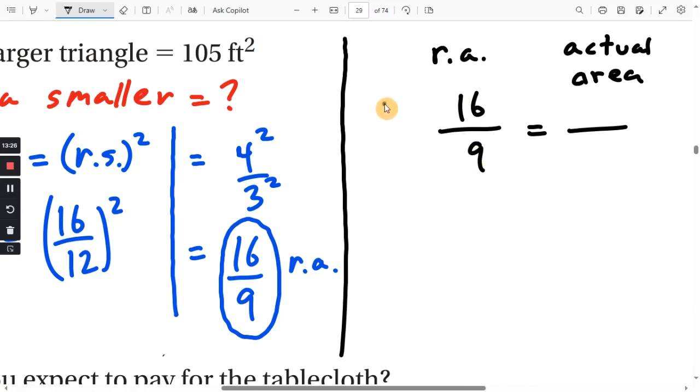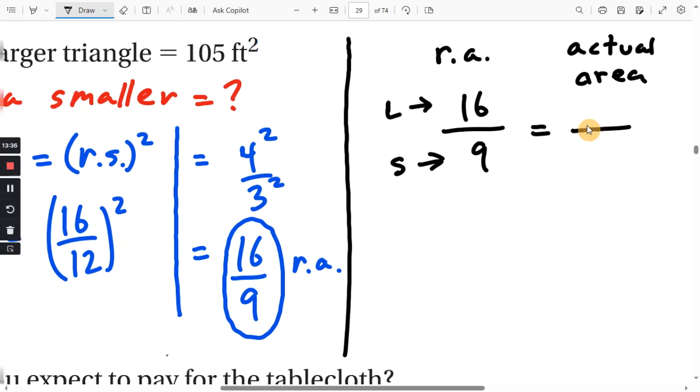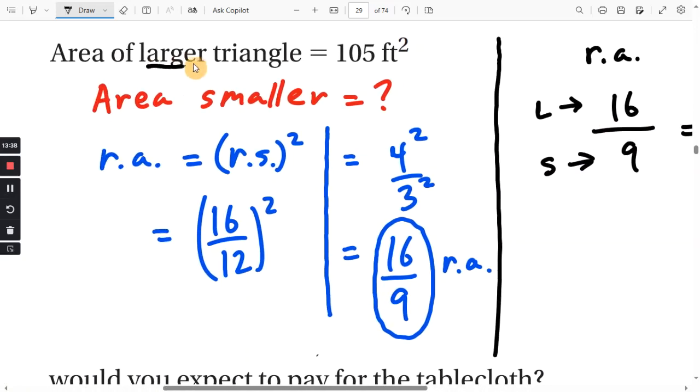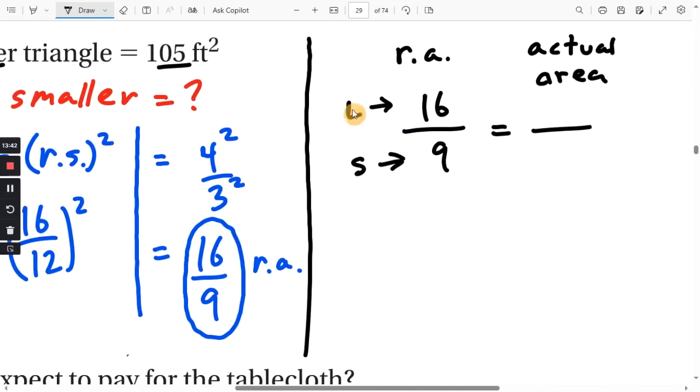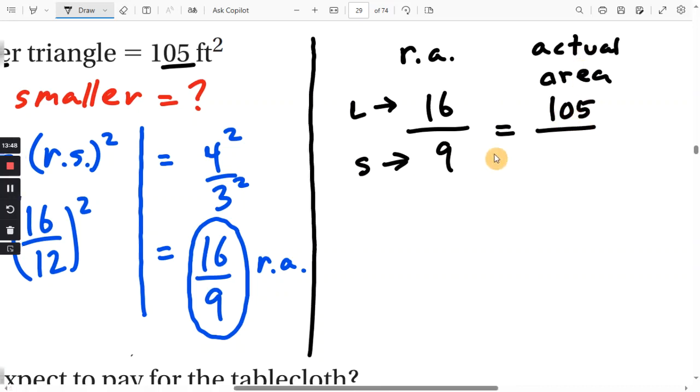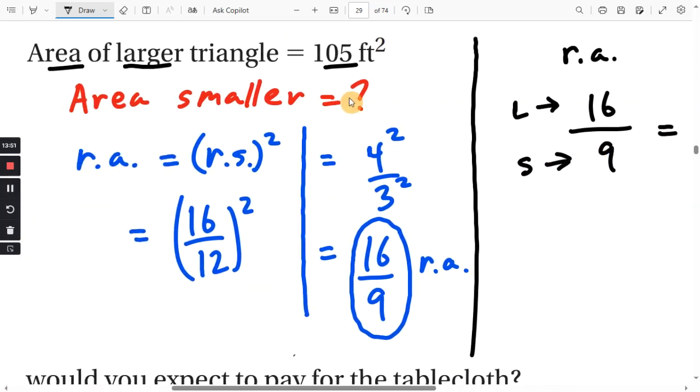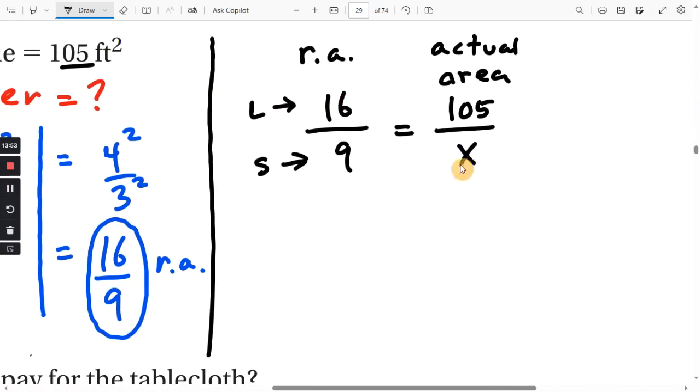So clearly we're doing the larger one in the numerator and the smaller one in the denominator. Okay, what's the actual area? Well, they gave us the larger one. The area of the larger is 105. So the larger one is in the numerator. That's 105. And the actual area of the smaller one, that's what we're trying to find. So that's just x.